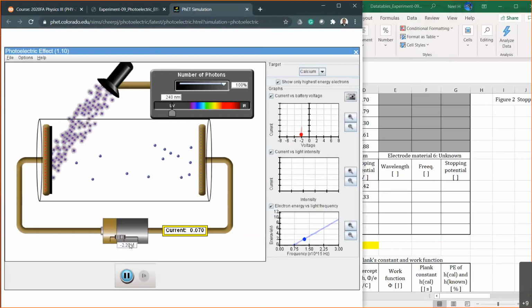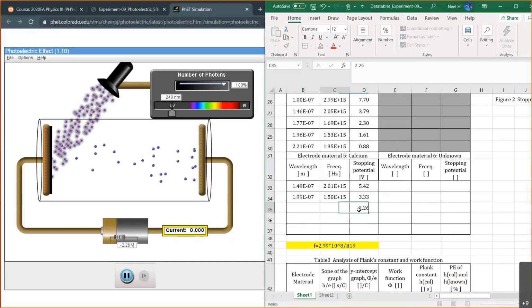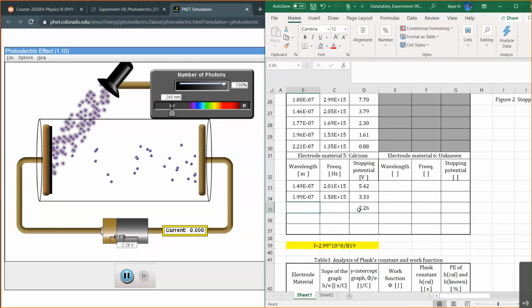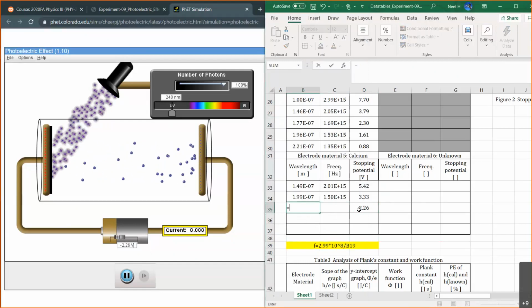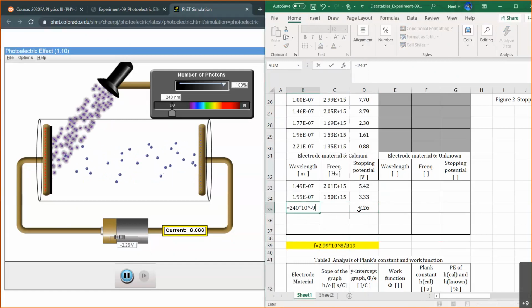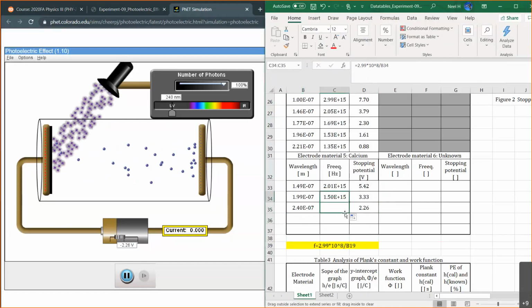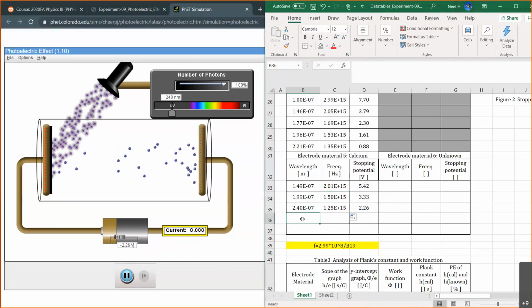I think 2.2, 2.25, 2.7, too high. 2.26, 2.25. There's a number, 2.26. Wavelength is 240 multiplied by 10 to the power minus 9. Once done, let's click and drag.